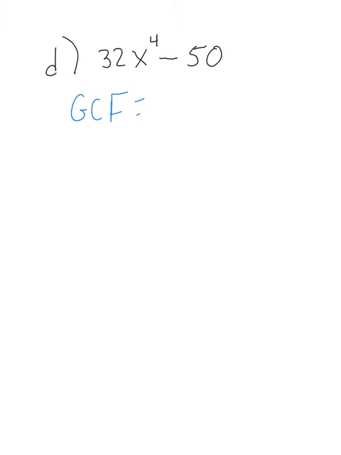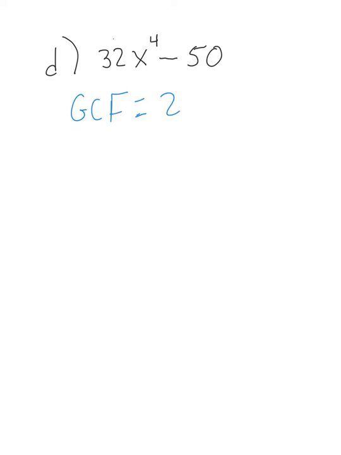When you first look at it, you might be going, okay, well, 32 and 50 are not perfect squares. So you cannot use the difference of perfect squares method yet. However, there is a number besides 1 that divides into both terms. So thinking about what's the largest number that divides into both terms, 2.